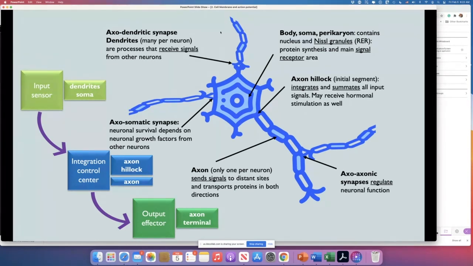Here I just represented one axodendritic synapse, but there can be hundreds of these, producing different signals and releasing different neurotransmitters. So the hillock will integrate and summate all of these impulses, and depending on the summation occurring in the hillock, an action potential will either occur or not.